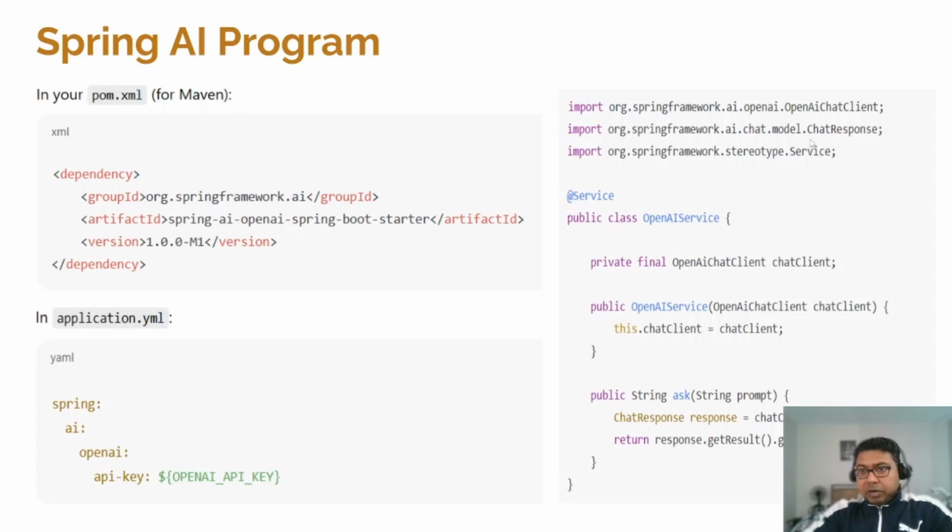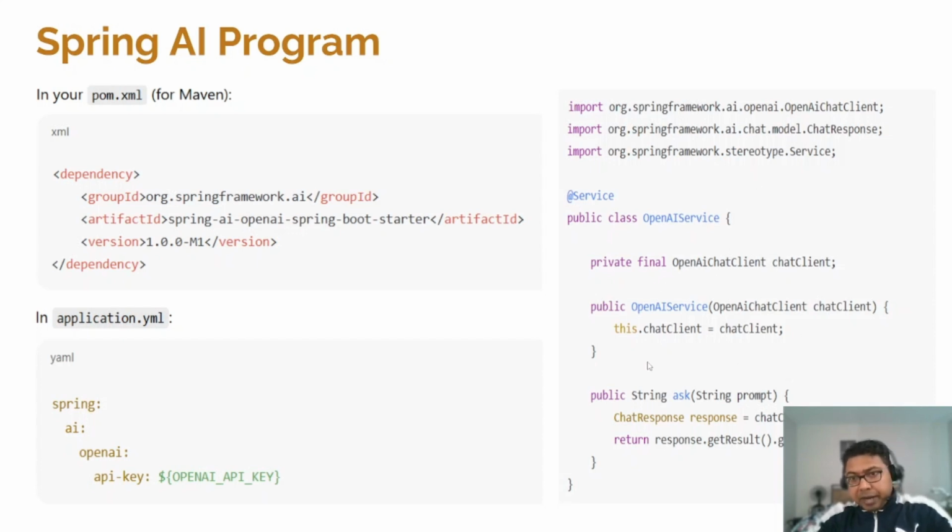The second one, AI chat model chat response, is not from OpenAI. The second import is coming from Spring AI. The first one is coming from the OpenAI library, that chat client.